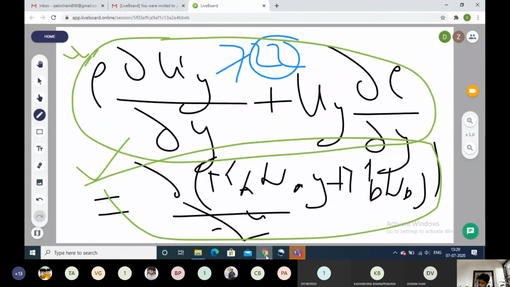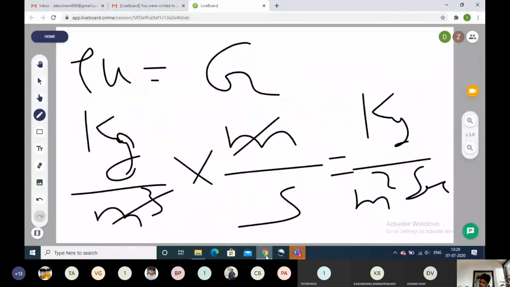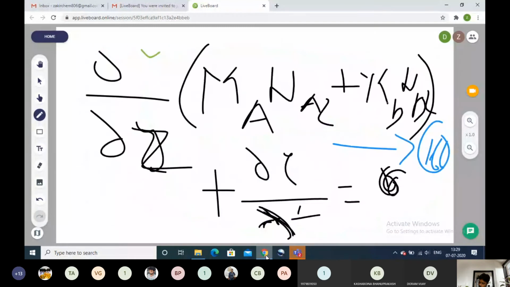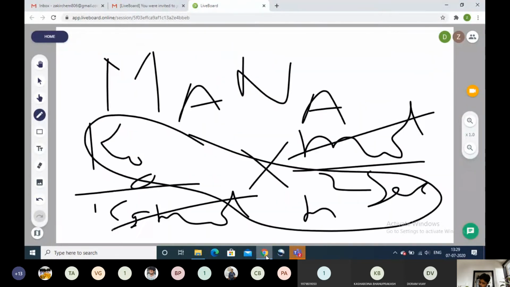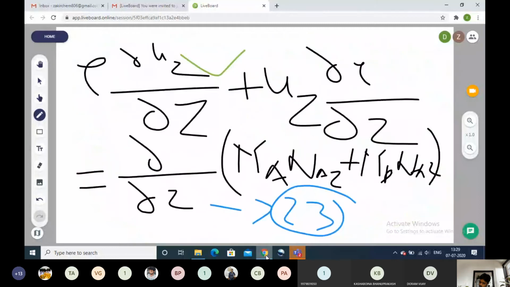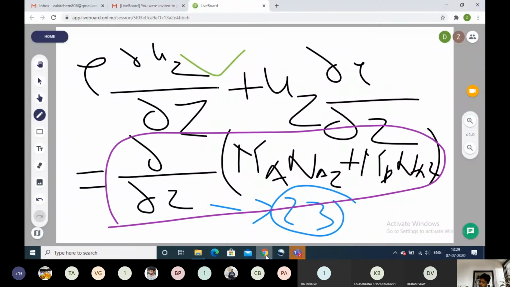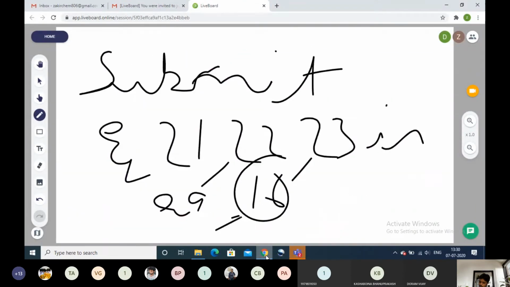Instead of this RHS term, we have to substitute this LHS term. Similarly, in equation 16, for the z component, here the z component is Ma into Naz plus Mb into Nbz. Instead of this, we have to substitute equation 23. In place of this RHS term which is present in equation 16, we have to substitute this equation there.